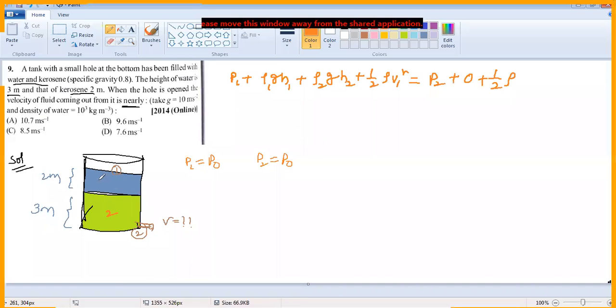This is the first liquid, and the second liquid is coming out.